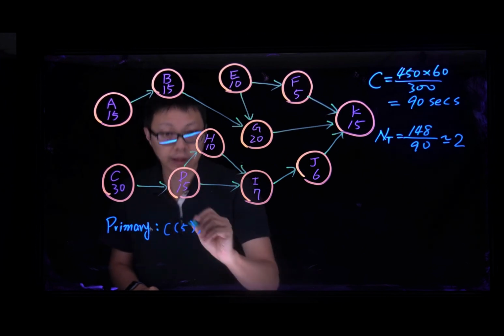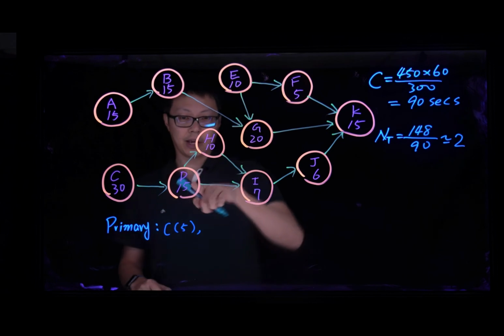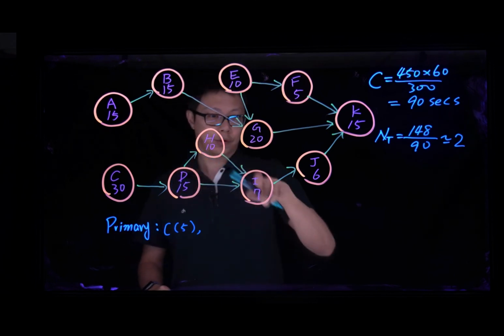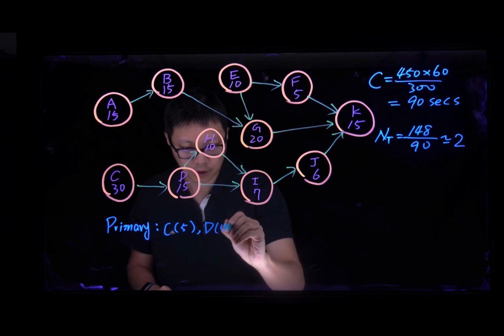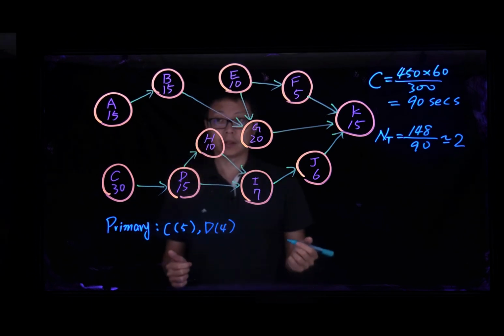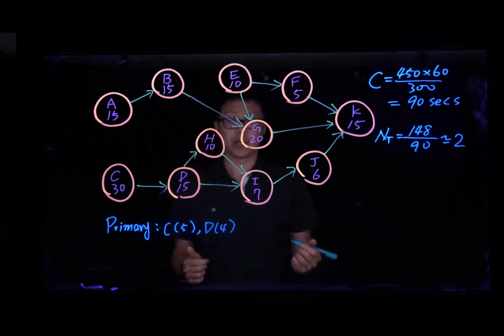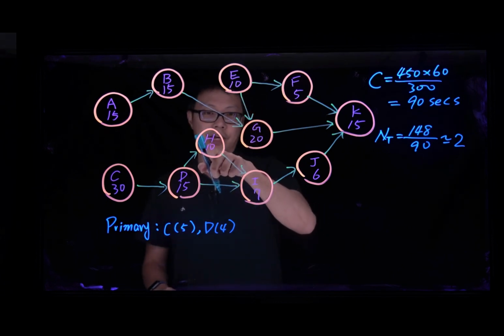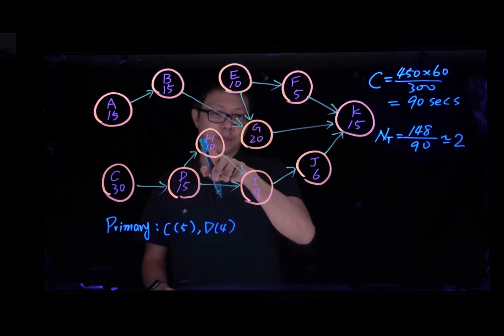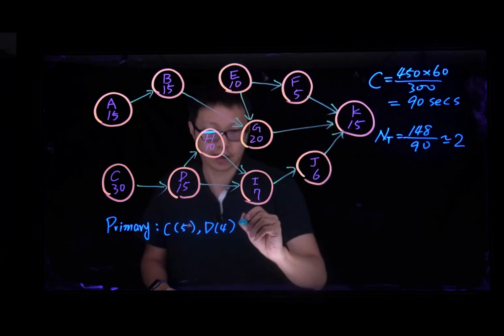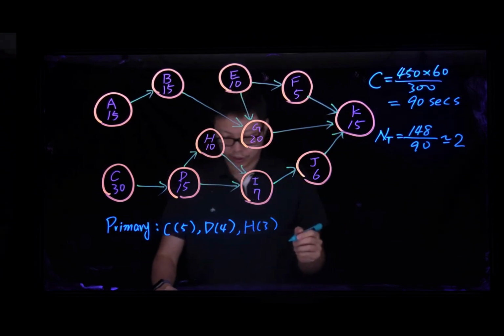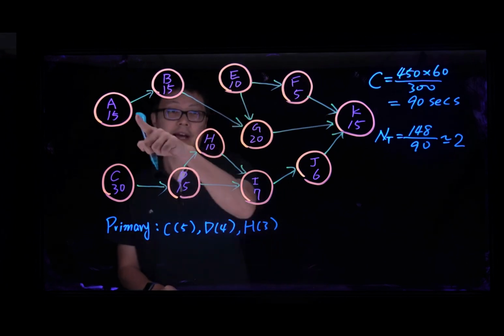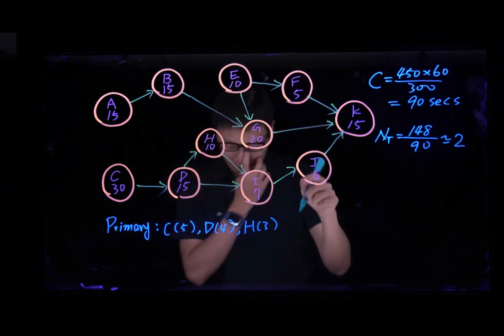The next one is actually D because I have 1, 2, 3, 4. And the next one, let's see, it will be H because if you see H here, the following tasks will be I, J, and K. I have 3. Similarly, for the A, I also have 1, 2, 3.